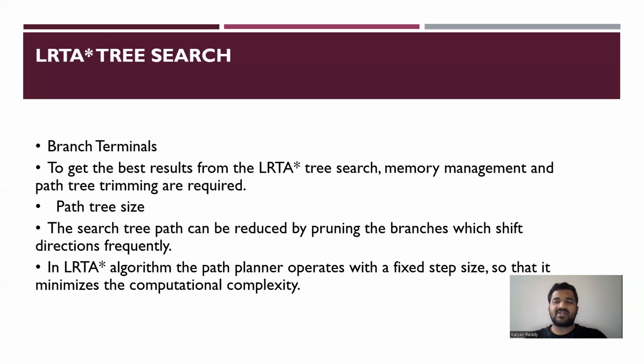On the other extreme, the search runs until a maximum running time is reached. These two extremes may be combined to create a terminating condition, which can improve the path length and provides the ability to terminate the algorithm and branching terminals to get the best result from the LRT star search. Memory management and path tree pruning are required.